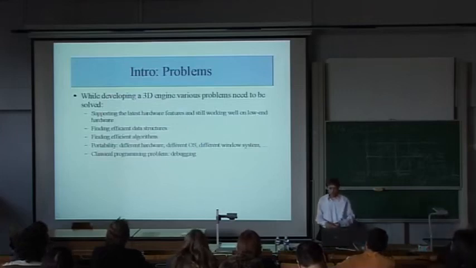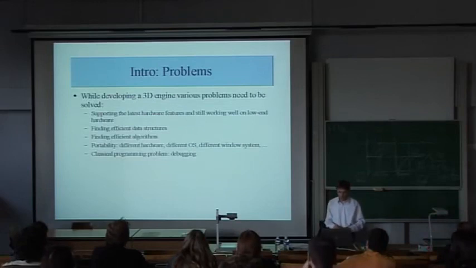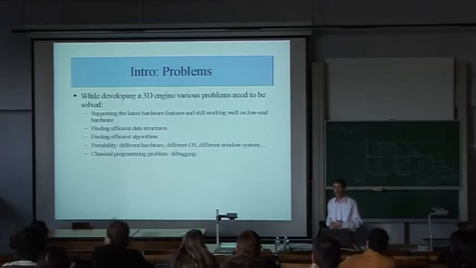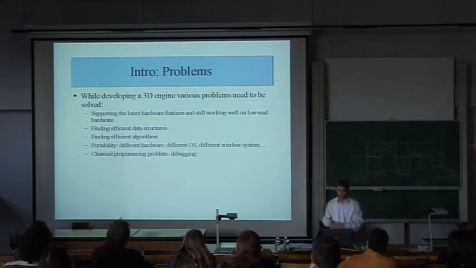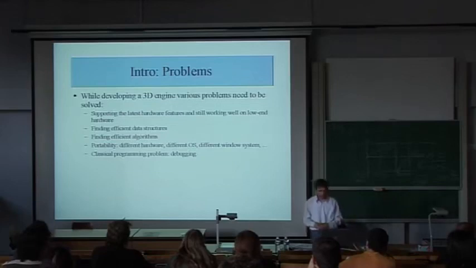So when I started Crystal Space about 11 years ago, there were a lot of problems that had to be solved. And I have to admit, at that point in time, I didn't solve most of them. So that only came later, while other people joined the team and generally added features for supporting all those problems.